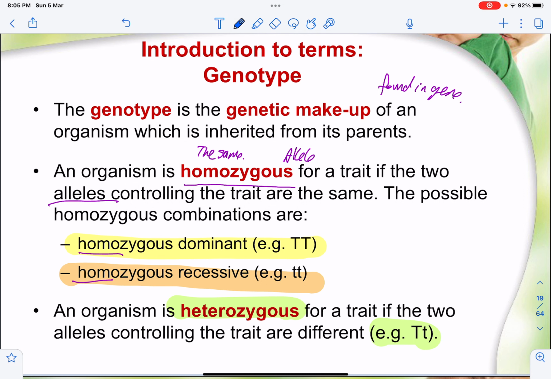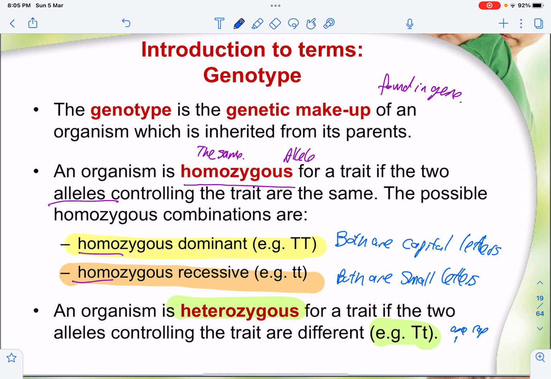Homozygous dominant means both are capital letters. Homozygous recessive means both are small letters. Heterozygous means that you have one capital and one small letter. That's all.